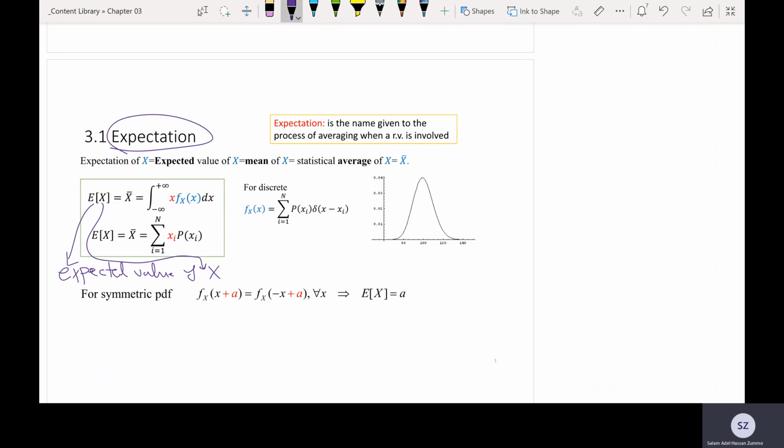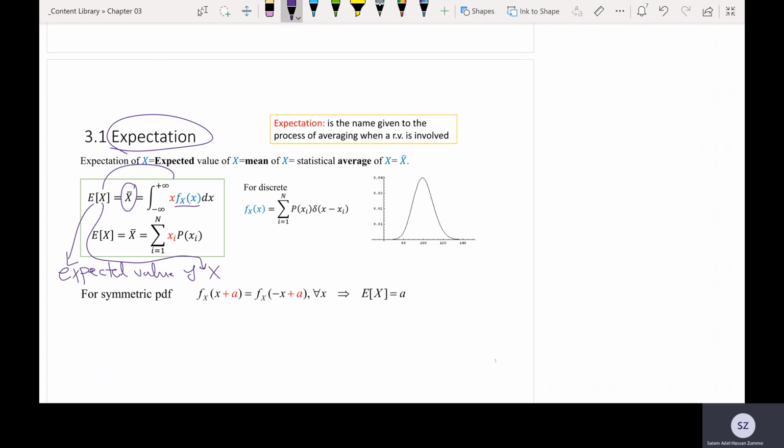Let's see how we calculate it, and then we'll have examples. So expected value of x, E between two brackets, as you can see, brackets, not parentheses. X in between is the random variable, and we give it the notation x bar. X bar again denotes the average, which, for a continuous random variable, is the PDF multiplied by whatever is inside here.